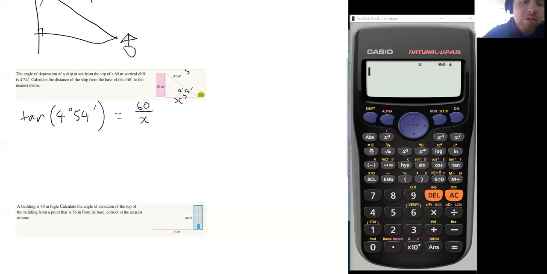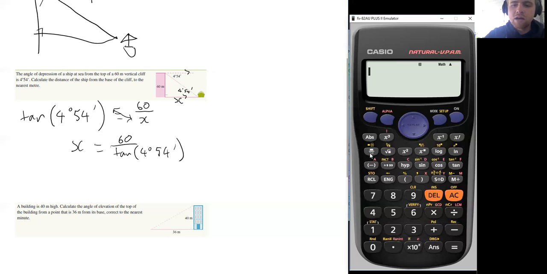So we're going to swap the position of x and the tan, so it becomes x equals 60 over tan 4 degrees and 54 minutes. Okay, cross multiplying is what we call that, when the bottom of the fraction on one side goes to the top on the other, and the top from the other side goes to the bottom on the other side of the equation. So now we have x on its own.